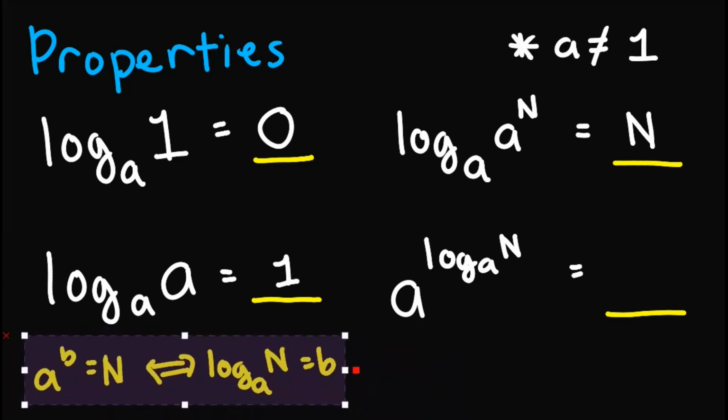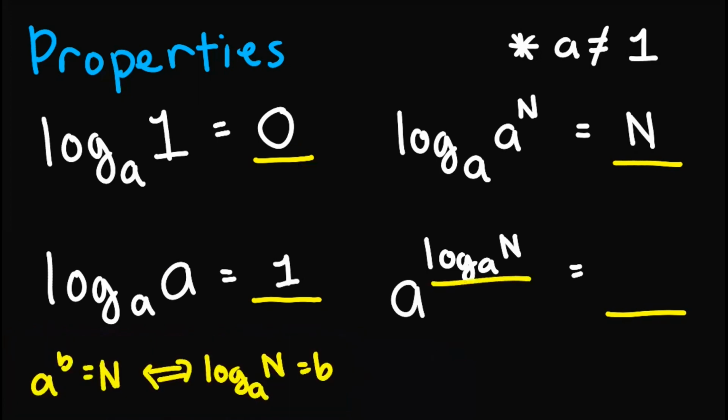So if we use this, then the exponent out here must be b. So we have a raised to b. Therefore, what will this be? Observe here that a raised to b is equal to n. So this must be n out here.